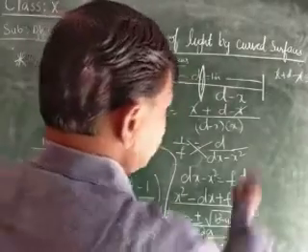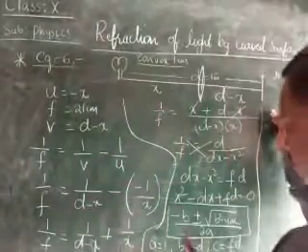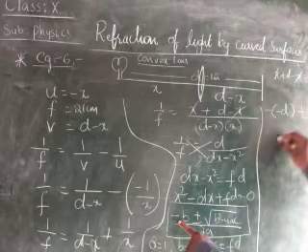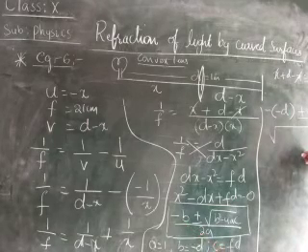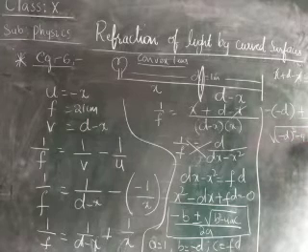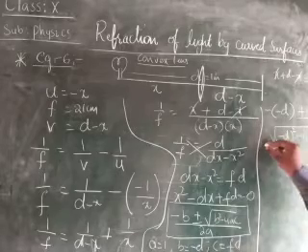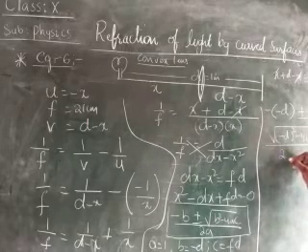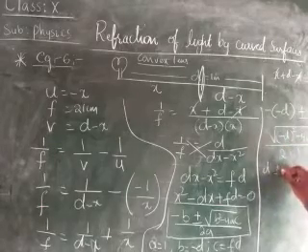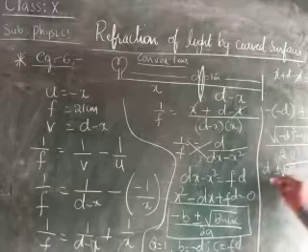Now substitute in this: minus of minus d, plus or minus square root of d square minus 4 into 1 into fd, by 2 into 1. Therefore, d plus or minus root of d square minus 4fd by 2.